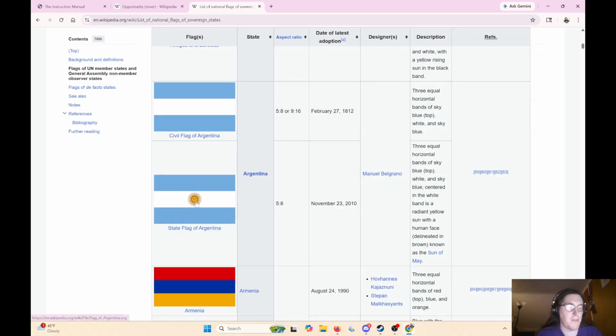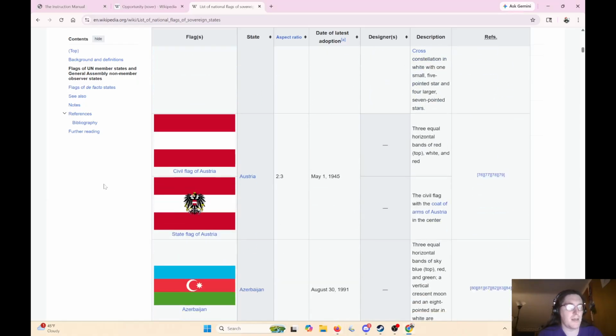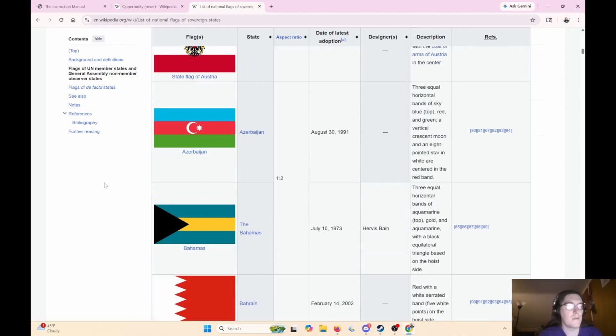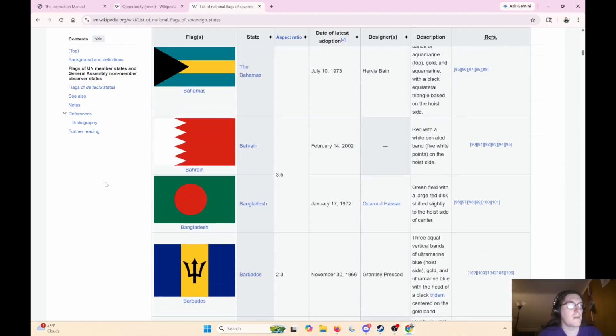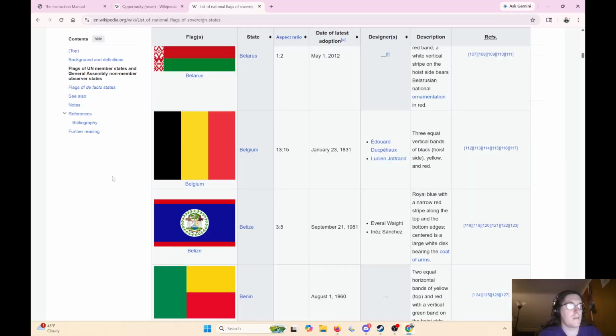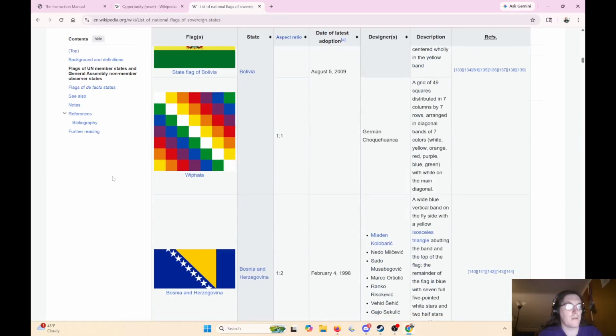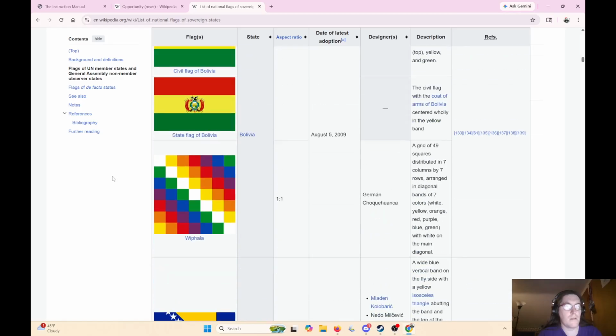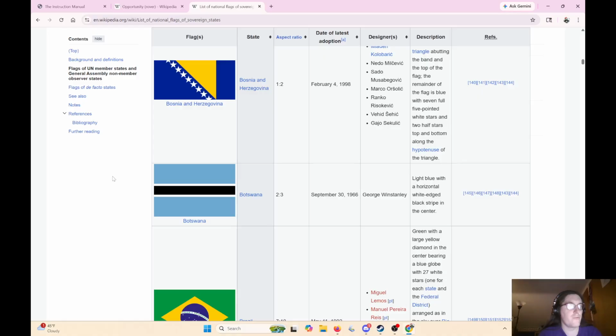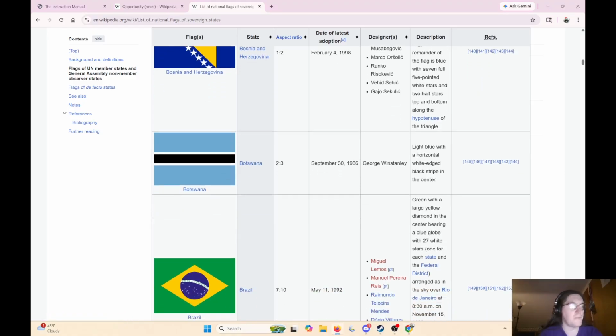Well, first of all, the state flag of Argentina is that sun one, as I said. There seems to be six and then four. So on the bottom we had Argentina. Let's see what else we got. Aha, Botswana was the first one.